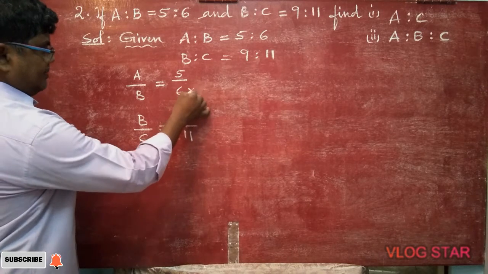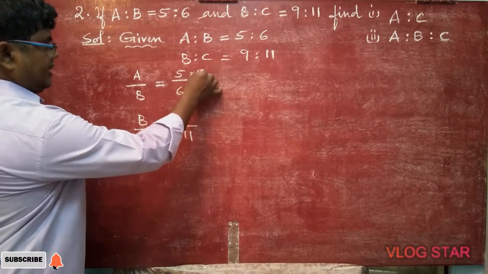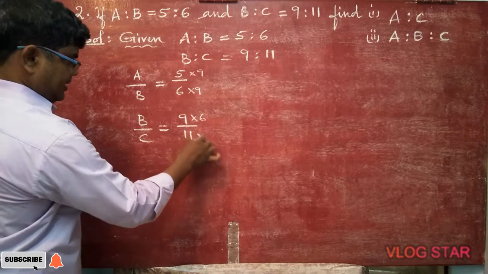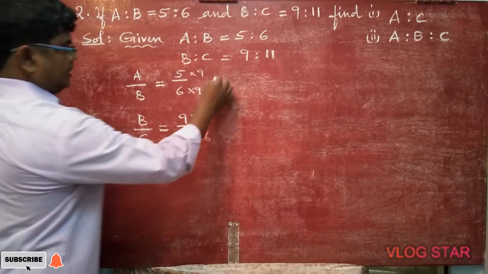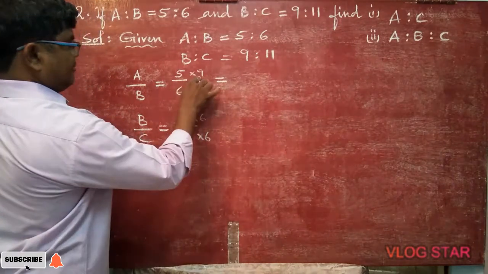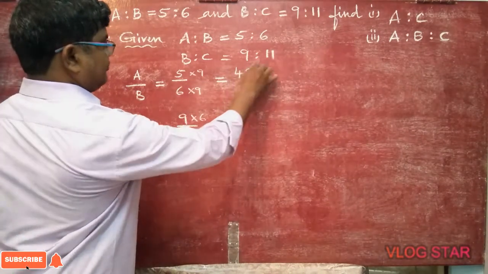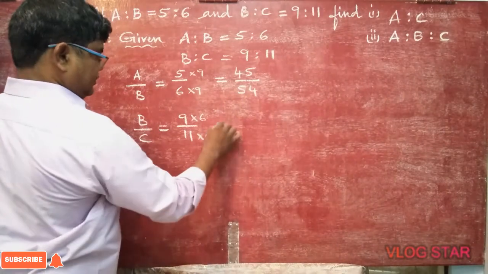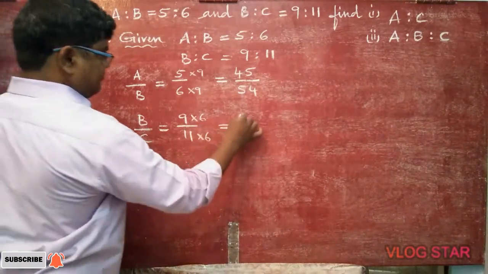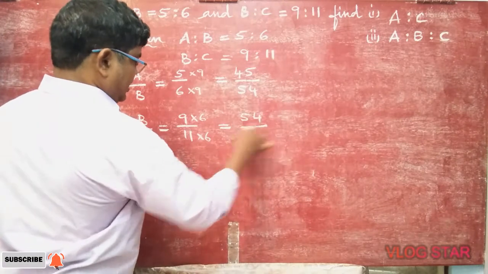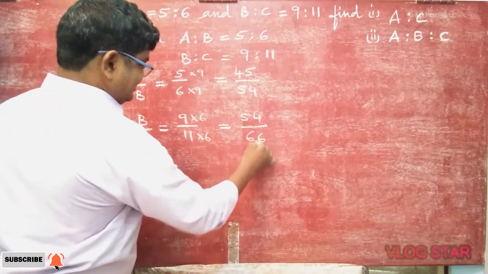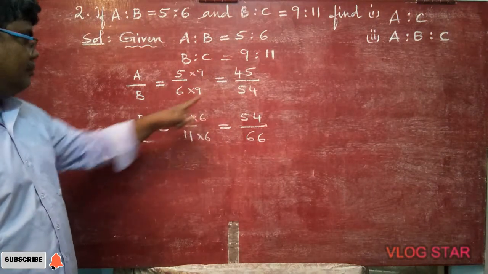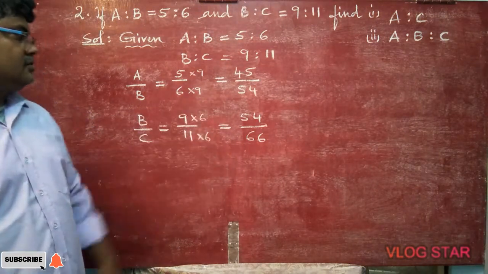Take this 9 and multiply both numerator and denominator. Bring this 6 and multiply both numerator and denominator. So 5 9s are 45, 6 9s are 54. Again 9 6s are 54, 11 6s are 66. Now B here and B here both have the same values.